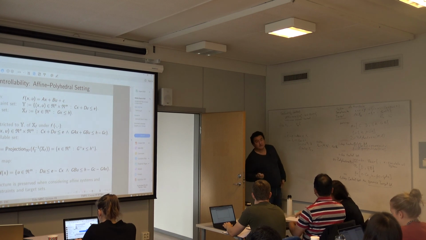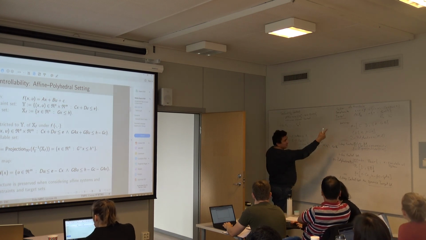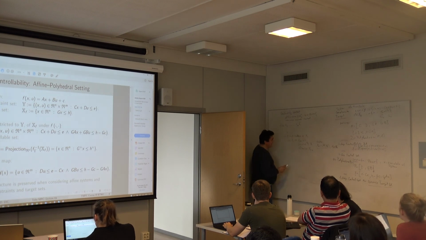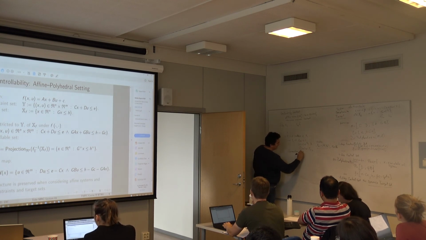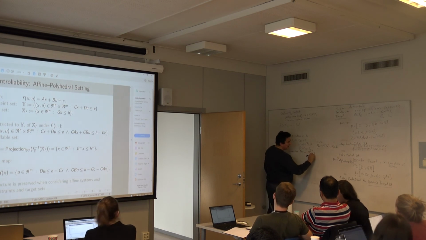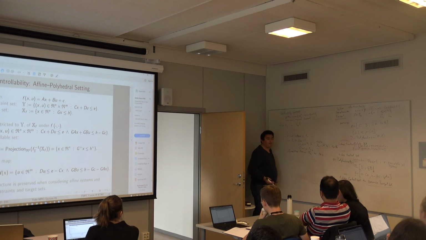At least that. So if we come back to our polyhedral setting, a relevant problem is the transition from x_k to x_{k-1}.